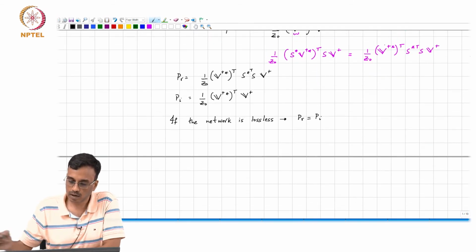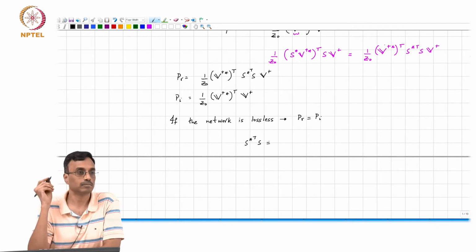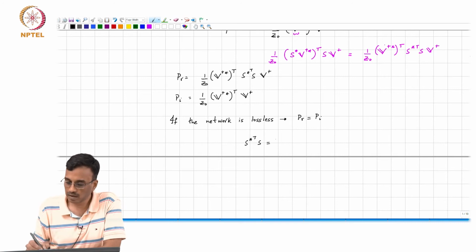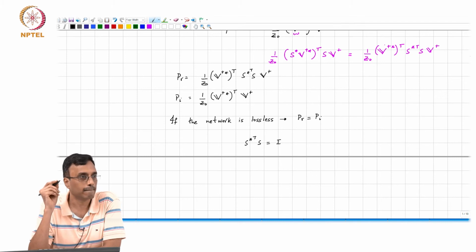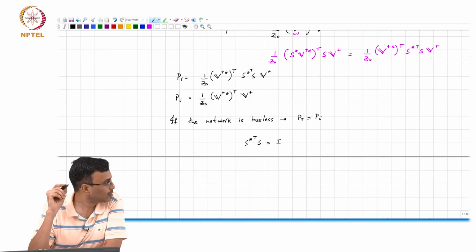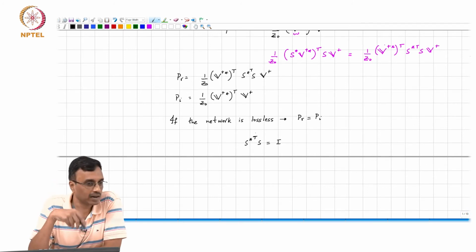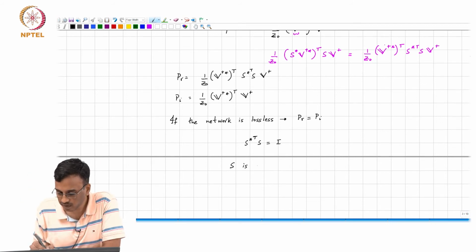And therefore, this will happen if S star transpose times S equals the identity matrix, where the identity matrix is of size n. If you have taken a course on linear algebra, you probably know this already. If S star transpose times S is equal to I, what do you call such a matrix? Unitary matrix, right.